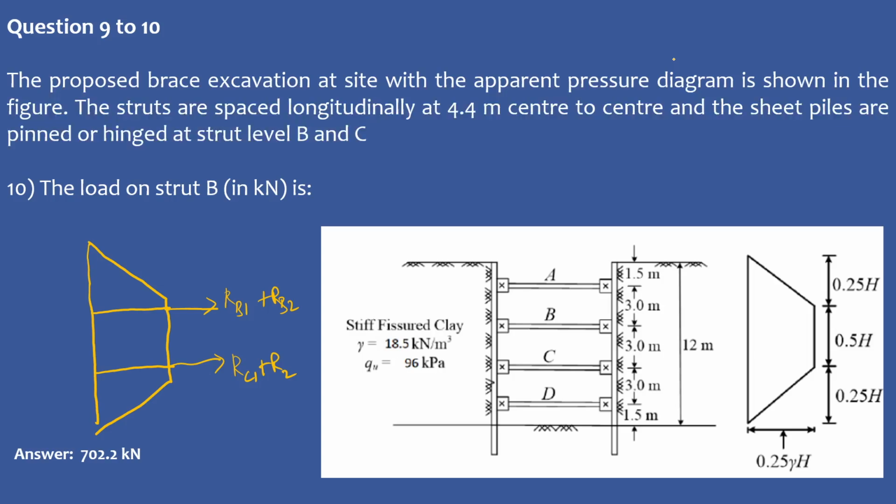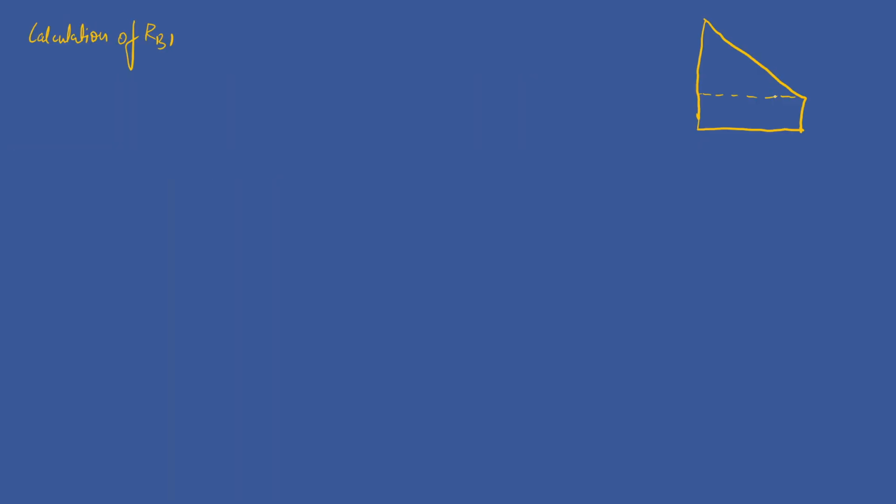Can you draw the free body diagram once again, only the upper part? Yes, I'll draw this. So this was your part, right? Here you have RB1. You have two struts supporting this.